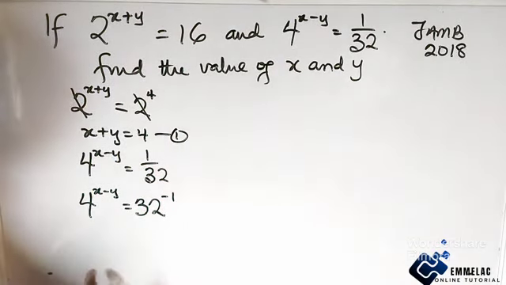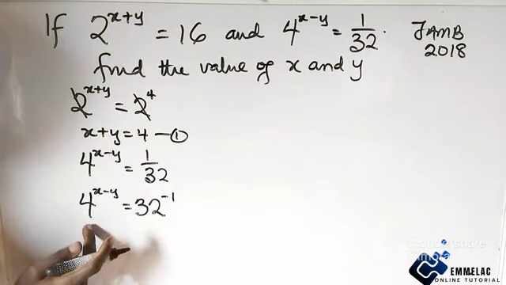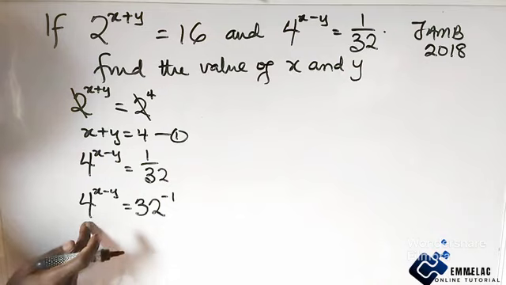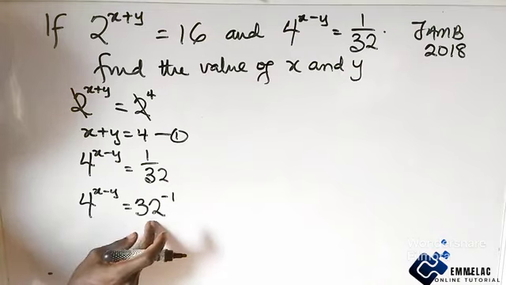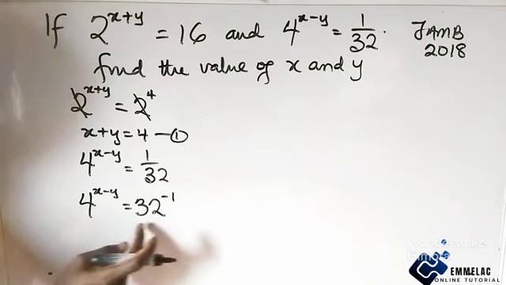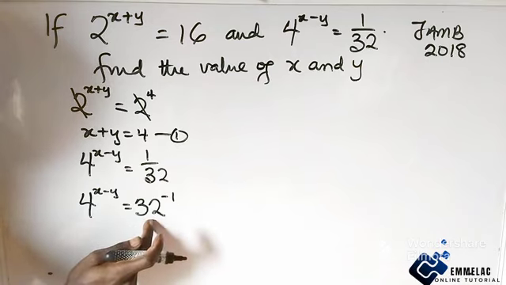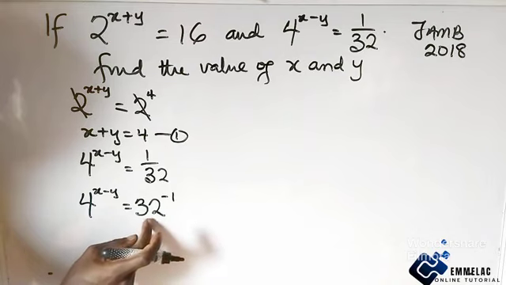Alright, as such now, we have to reconcile both the left hand side and the right hand side. Now here we have 4 and here we have 32. We can see that there is no common base, because if you have to change this to a base of 4, there is no power. A base of 4 we have to give it 32.